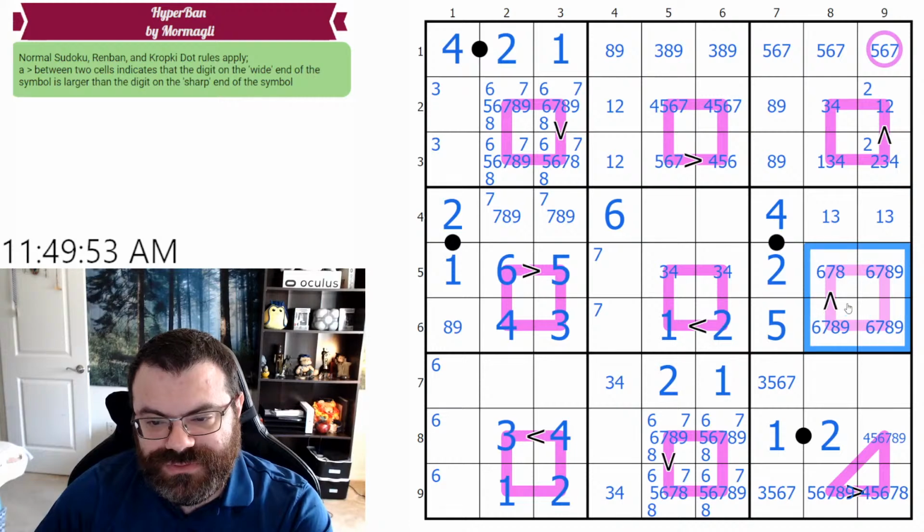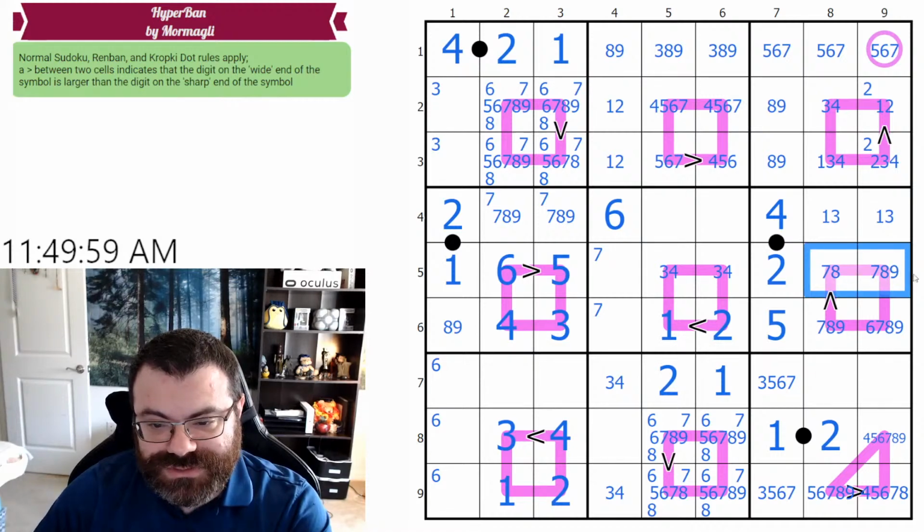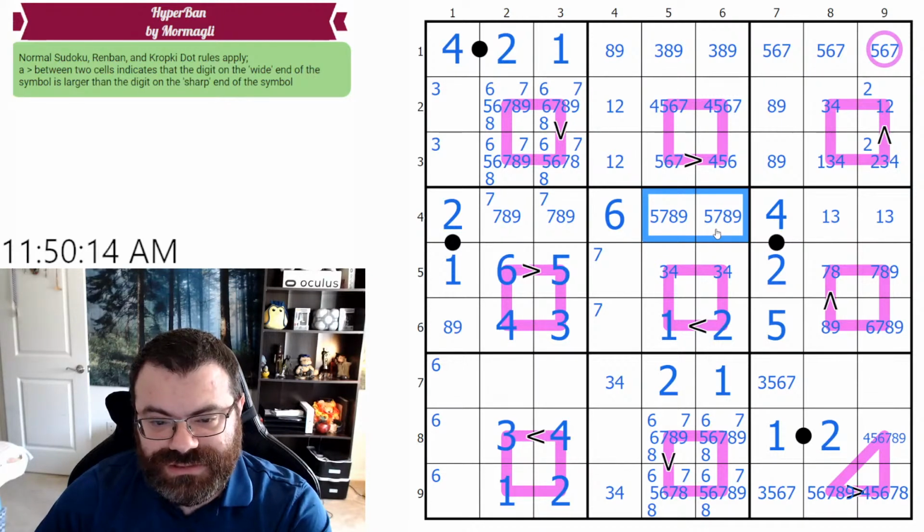So we can remove the corners and we can say this is not a 6. None of these are 6s, so this is not a 7. These are 5, 7, 8, 9, not 7s.